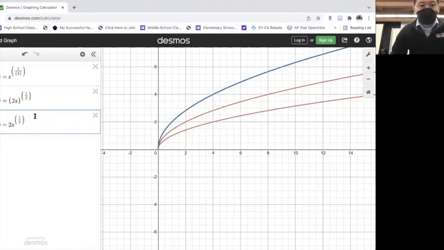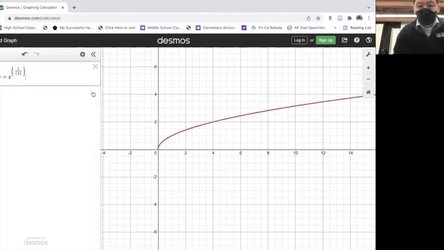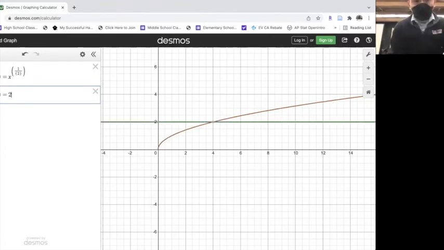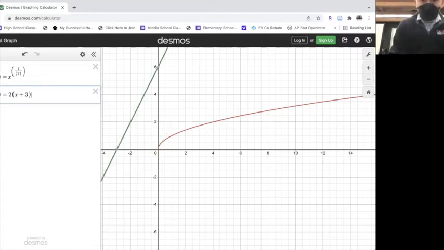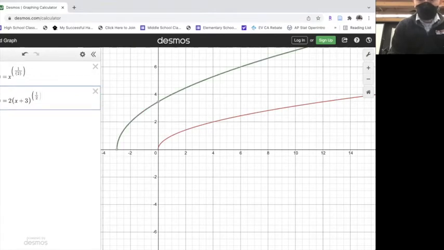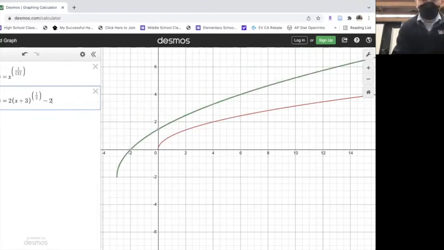Okay, so then if we want to double check, let's share the screen one more time. Let's just get rid of these. F of x equal to 2 parentheses x plus 3 to the power of 1/2, and then minus 2.